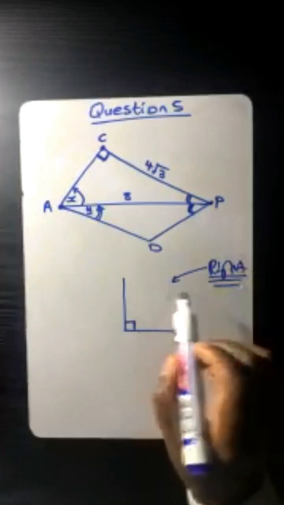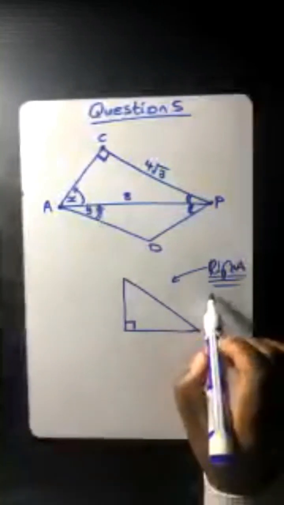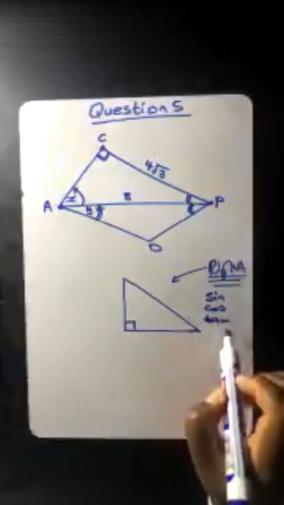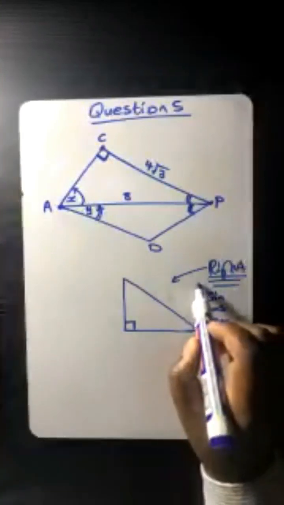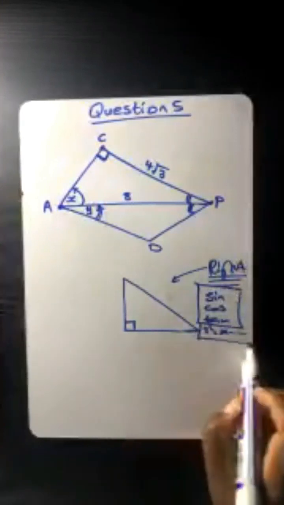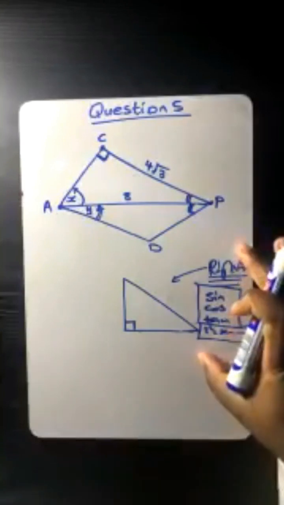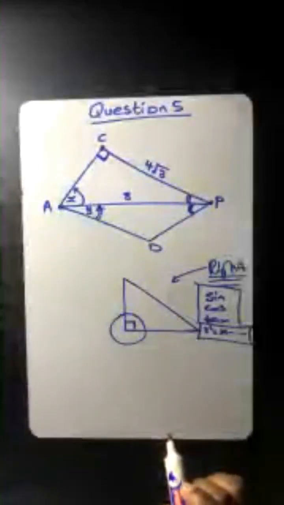It means to solve questions related to a right-angled triangle, you can use sine, cos, tan, or the theorem of Pythagoras. These are what we call the trig ratios, and this is what we call the theorem of Pythagoras. You only use this if you are dealing with a right-angled triangle having that.